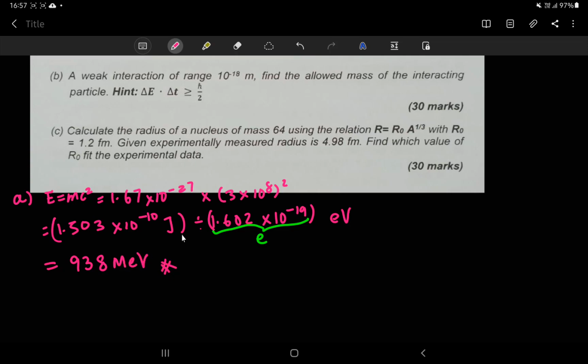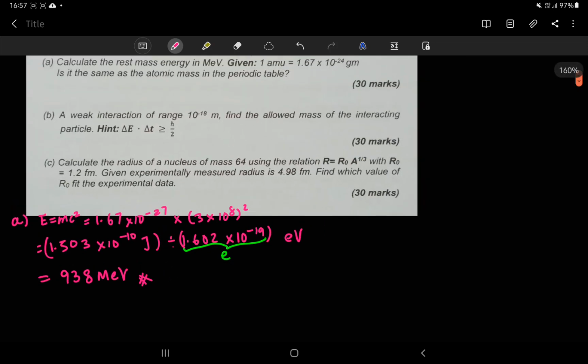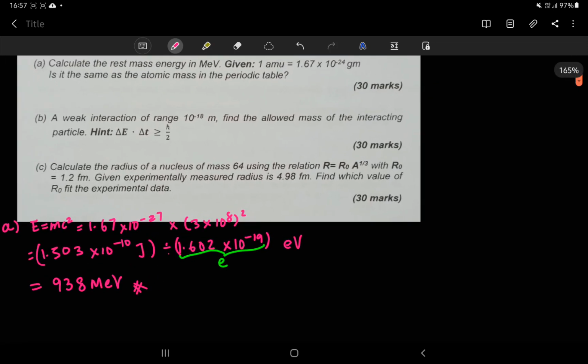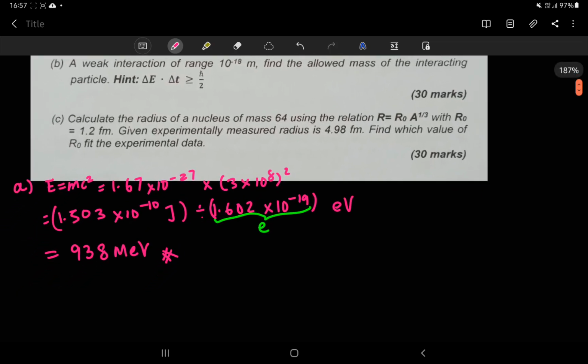Okay, so is it the same as the atomic mass in the periodic table? The answer is yes, it is the same. Why?